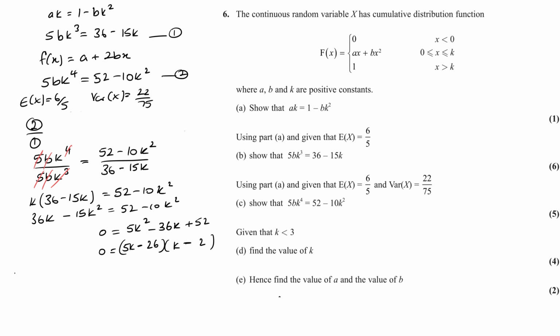Okay, but just to show, what I did is in my calculator, just to get the answer quickly, I put this into the equation bit. It gives me x equals 26 over 5 and x equals 2. So then I just thought, right, well, let's put that into a bracket. So look, 5x equals 26, 5x minus 26. And this will be x minus 2.